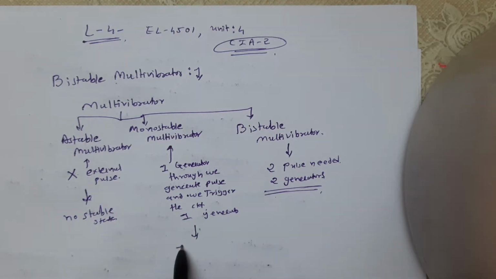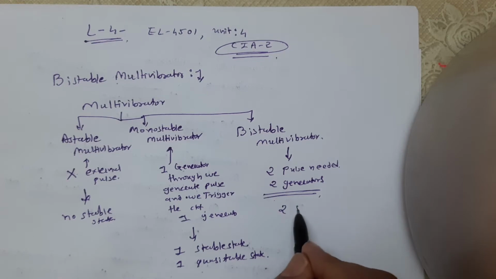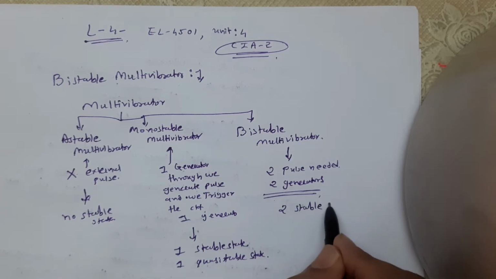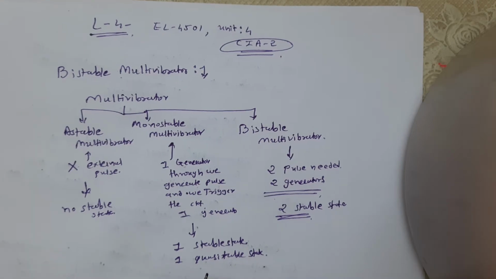Monostable, one stable state, one quasi-stable state. Here, bistable, there are two stable states. This is the short way to remember multivibrators.